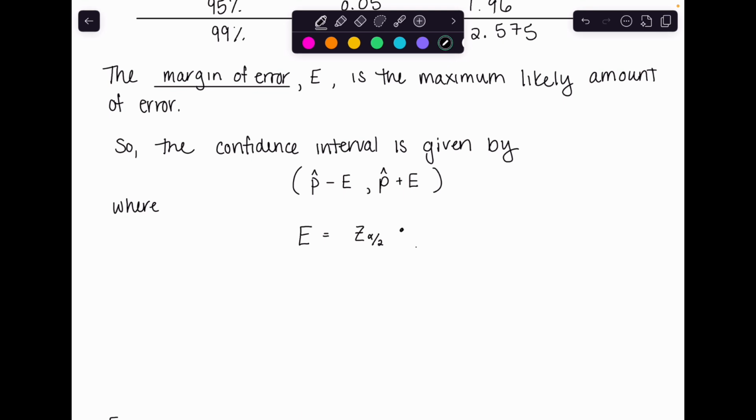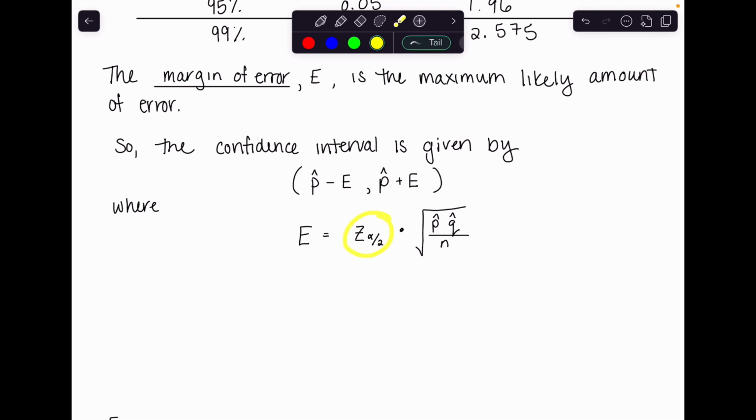So the way we do that is we take the square root of our sample proportion multiplied by basically the sample of fails, so the sample that doesn't fall into that category, divided by the number of people in the sample.